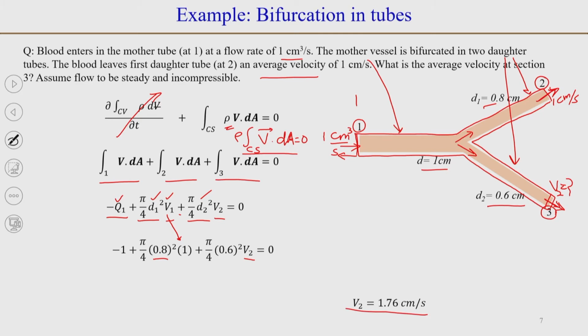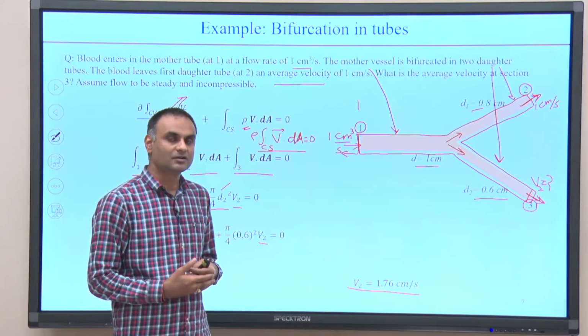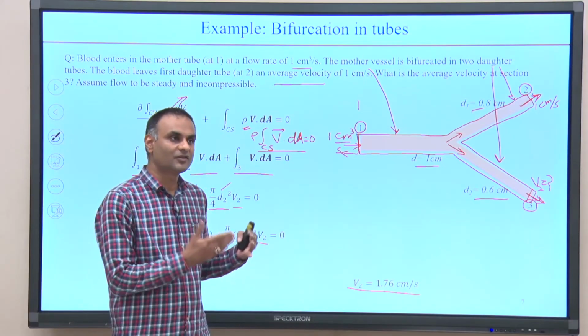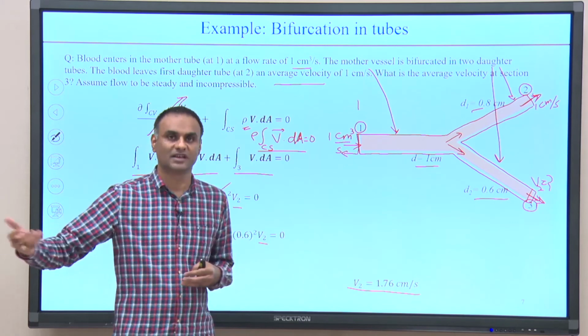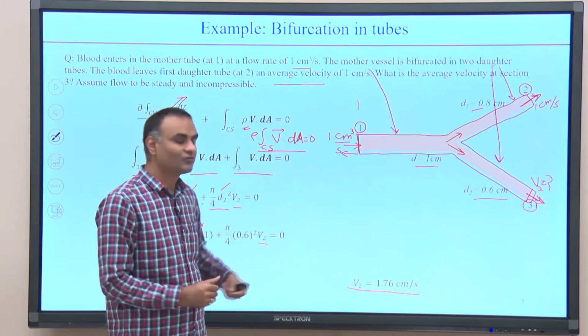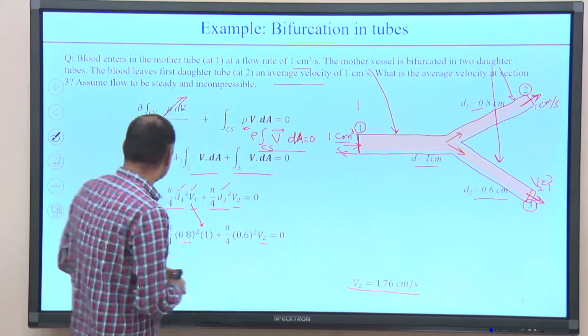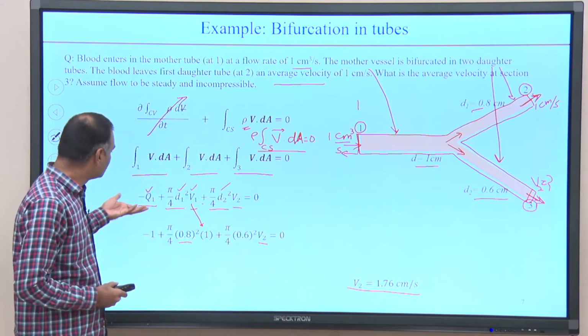So, I suggest that you verify this value and check for yourself if this is correct or not. Okay. So, this is a simple example, and you could have just used A1 V1 is equal to A2 V2, or A1 V1 is equal to A2 V2 plus A3 V3 to find this out.